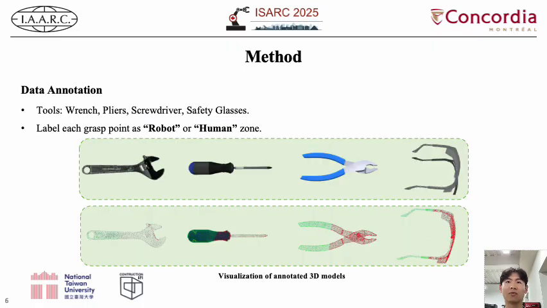We selected 4 construction tools: wrench, pliers, screwdriver, and safety glasses, and manually labeled every candidate grasp point as either robot or human zone. By introducing this new status field, we ensure the model learns where a stable grasp exists and where it is safe for a human to receive the tool.